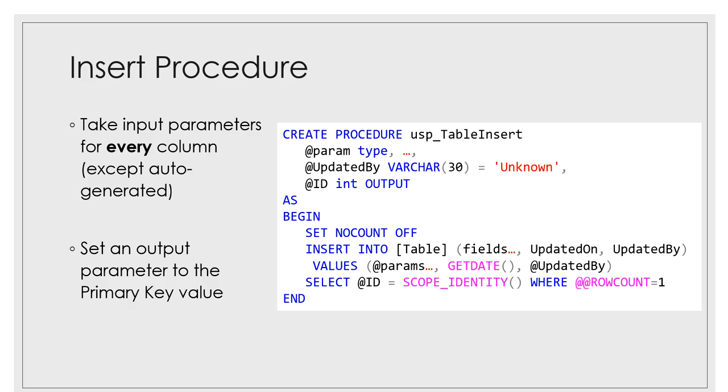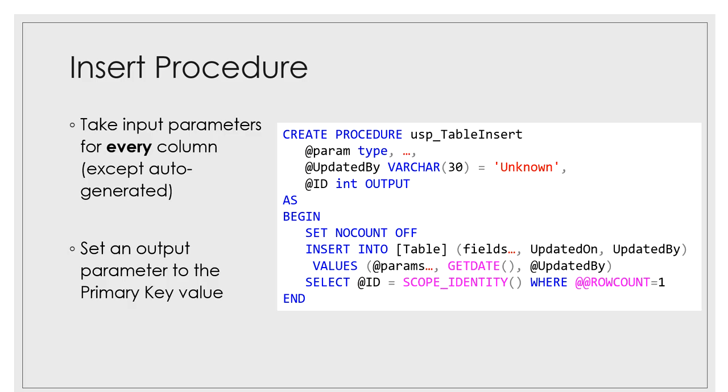And then we have our standard insert command. Now you learned about insert commands earlier, right? So we're just going to insert into our table, okay? We don't normally insert into views, although that's something you can cheat and do if you set up triggers to handle that situation, but we'll just insert into the table all the fields, including the updated on and updated by information, right? The values, of course, are going to come from our different parameters, okay?